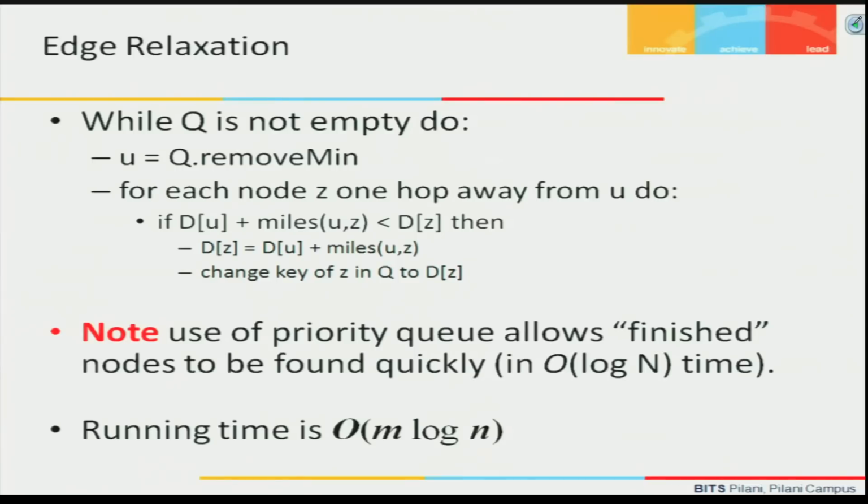Now, while the heap is not empty, we remove the minimum element and perform, if needed, the edge relaxation. The use of a priority queue allows the next node to be found quickly, in order log n time, where n is the number of vertices. It is easy to observe that the running time of this algorithm is m log n, where m is the number of edges and n is the number of vertices.